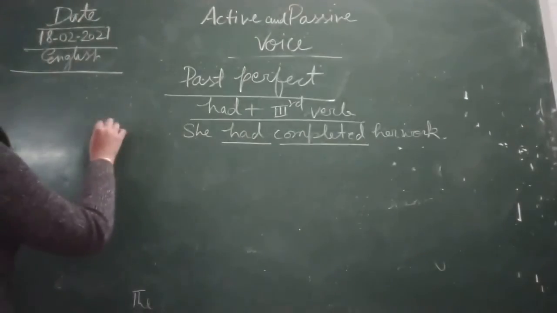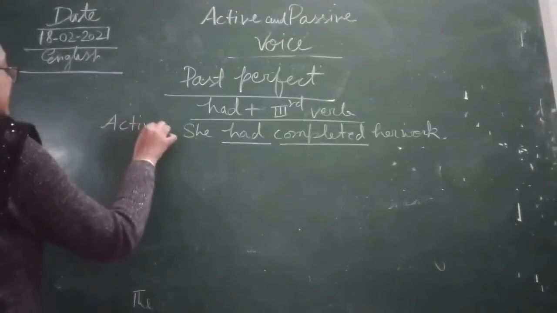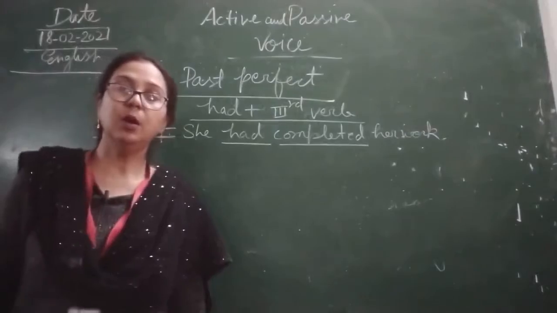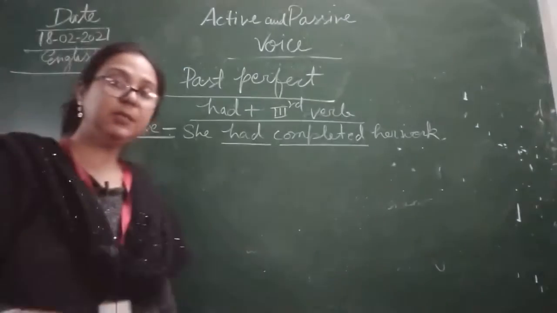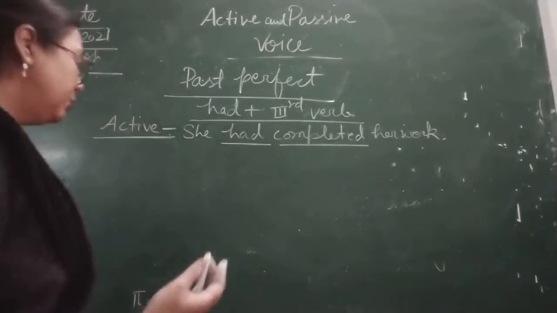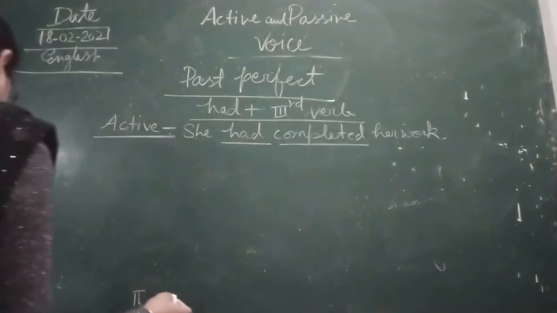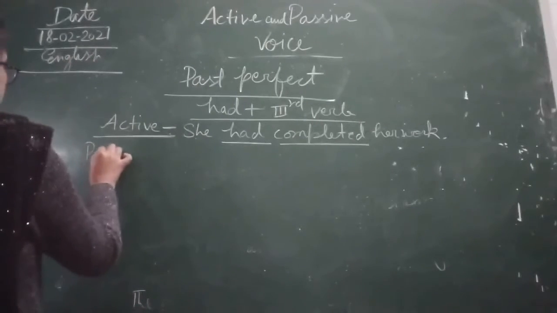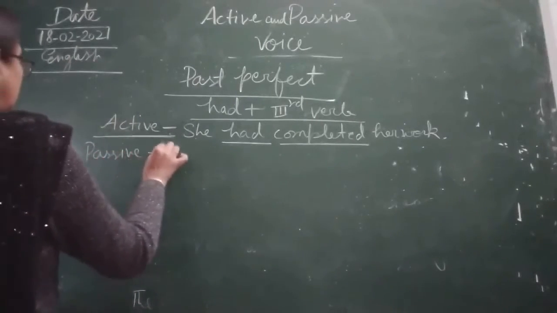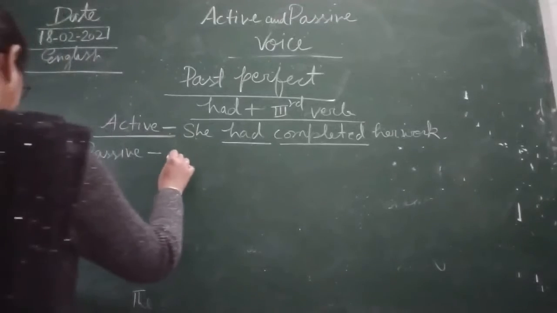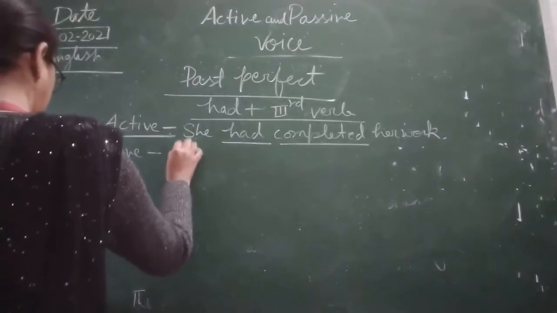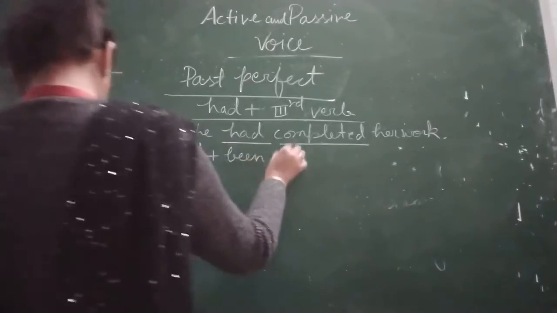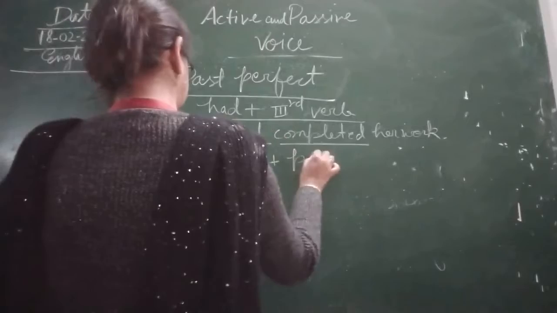And if we write this, it will be written in the active voice like this. Now what is the rule of changing active to passive voice in past perfect tense? That I am going to write on the board. In passive we have to write had plus been plus past participle.